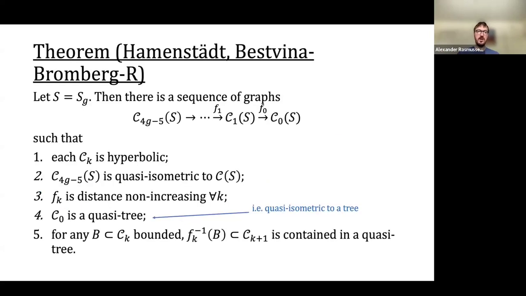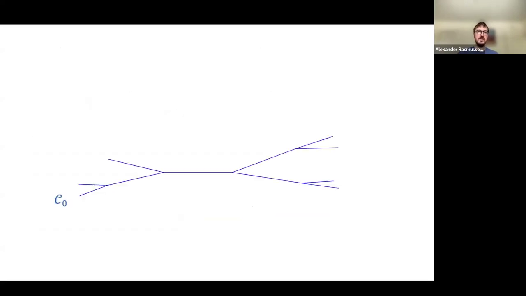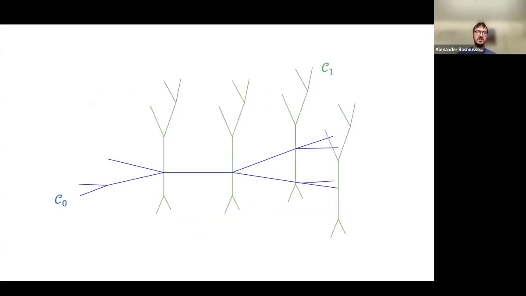we can start at the bottom of the sequence at C0. C0 is a quasi-tree. And how do we get C1 out of this? Well, there's a map from C1 down to C0. Okay, and we can think about the fibers of this map. So the last point in this theorem is roughly saying that the fibers are quasi-trees.